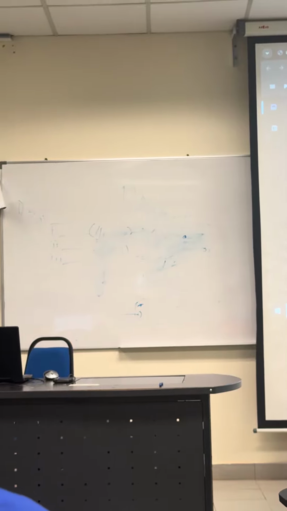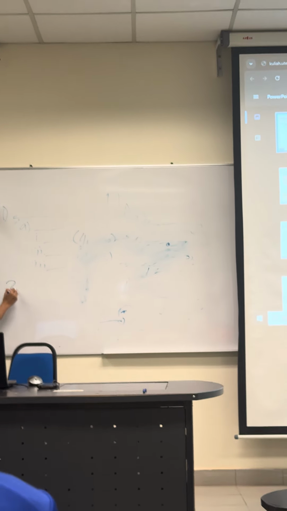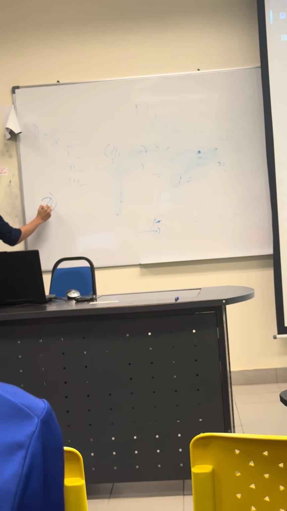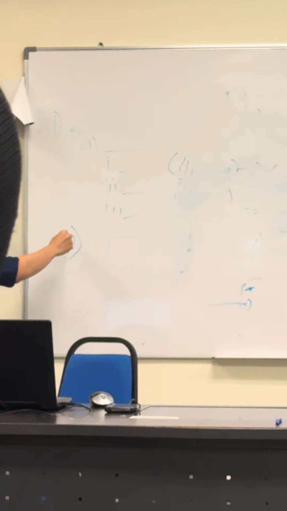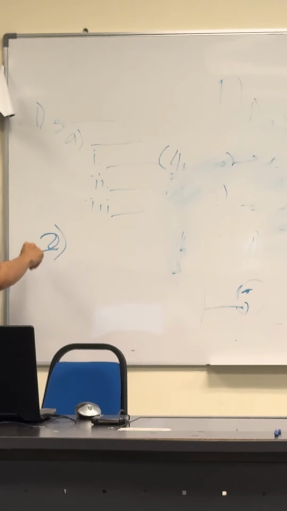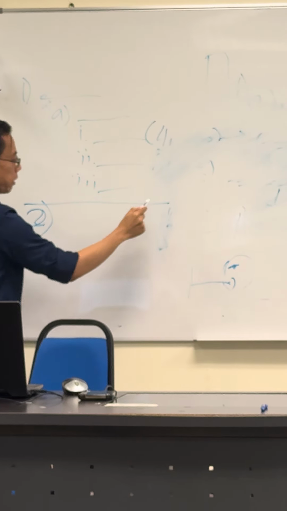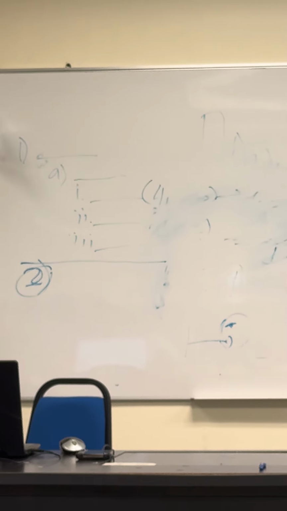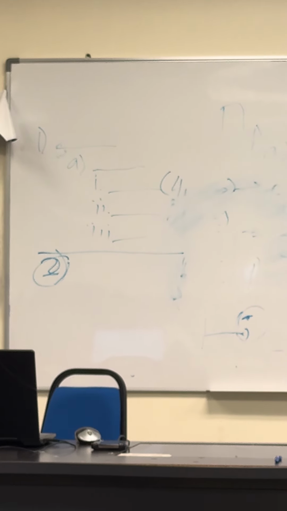If possible, this is question number 1, and then for number 2, make sure you don't write it on the same booklet sheet. The answer for question number 2, just write on a new page.